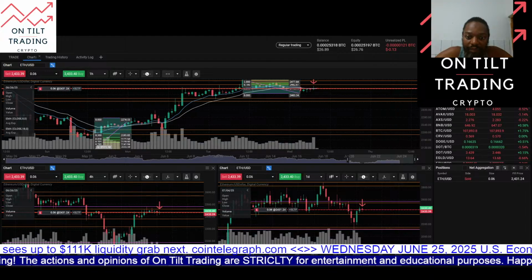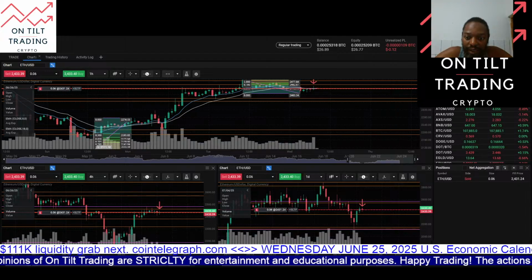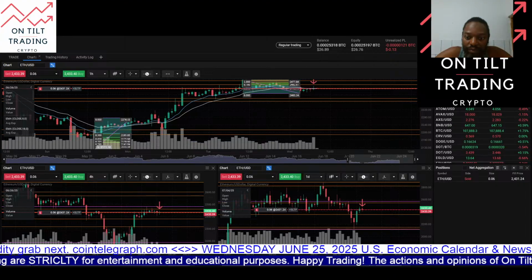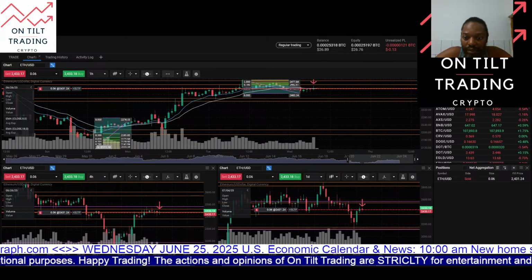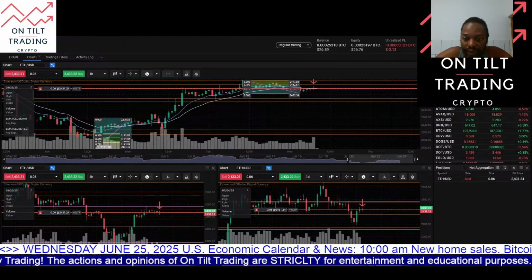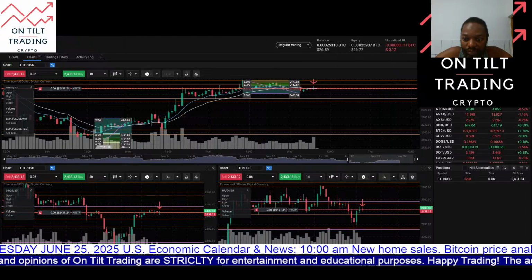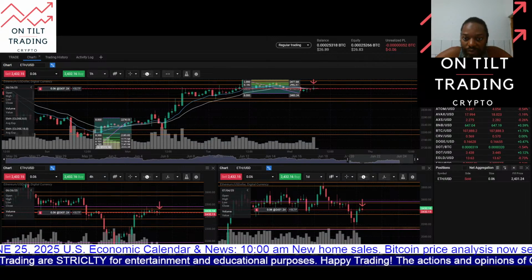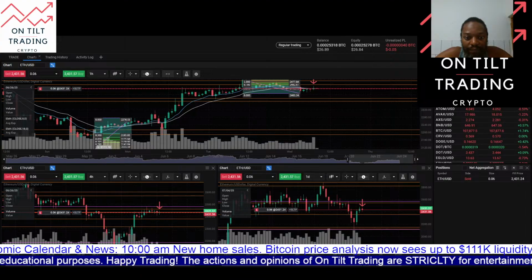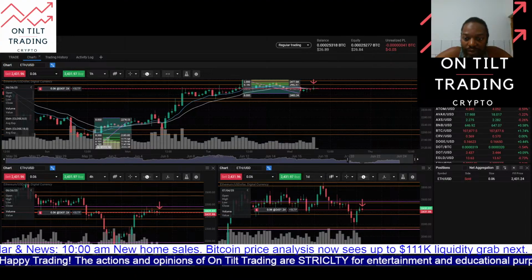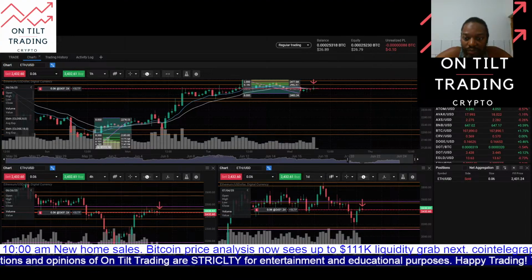So for a top-down analysis here on the daily, seeing a potential swing high being put in here. Also here on the daily, this being the structural weak low, this being the structural strong high here. So seeing Ethereum in a downtrend, trading in a zone here.